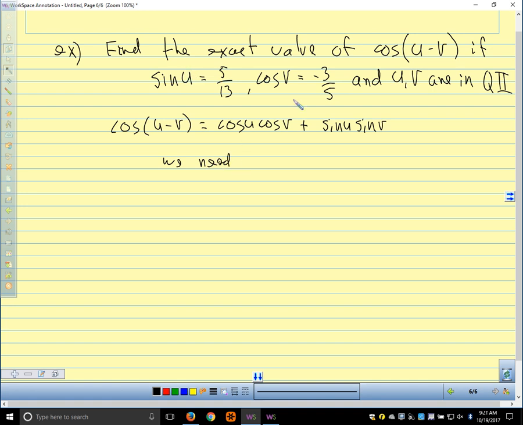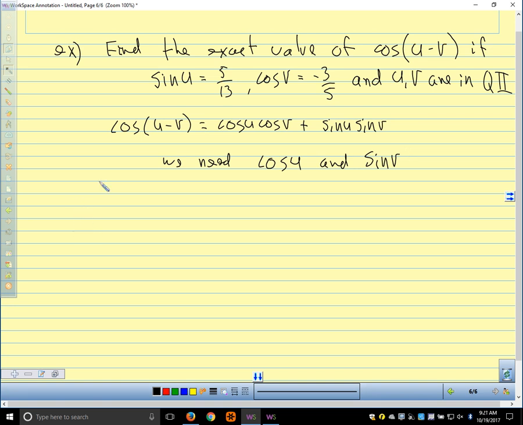We have sine u and we have cosine v. What do we need? We need cosine u and sine v. How are we going to get those? Make them up? We get to use 2 triangles.